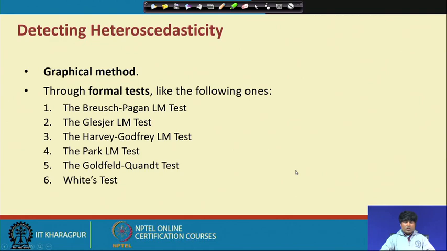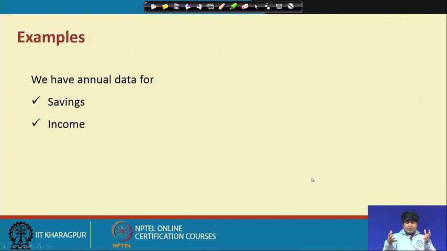So, the diagnostic issues are like this. At one stage we like to check multicollinearity problems if there are more independent variables, then you go through the autocorrelation check, and then the heteroscedasticity check.